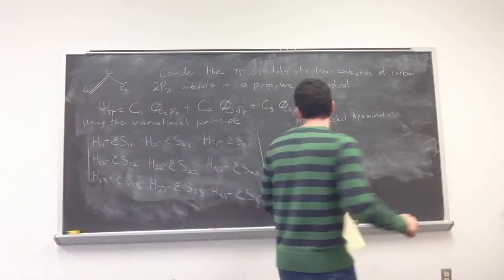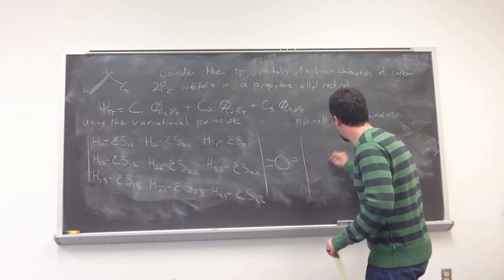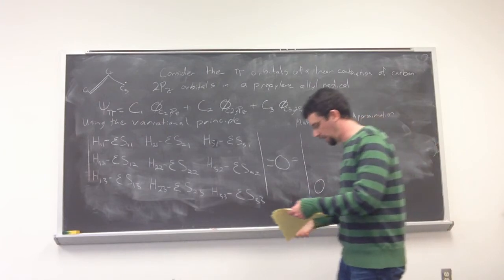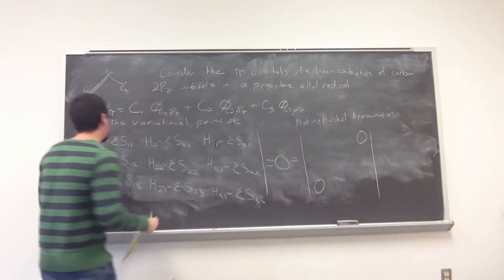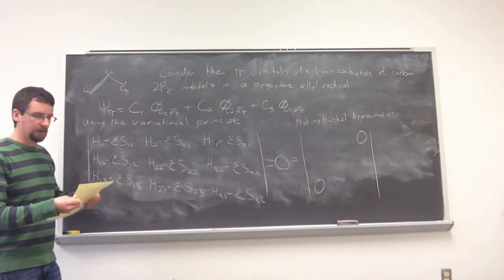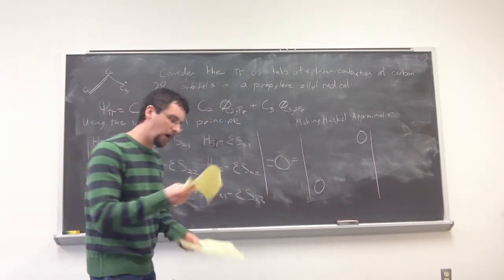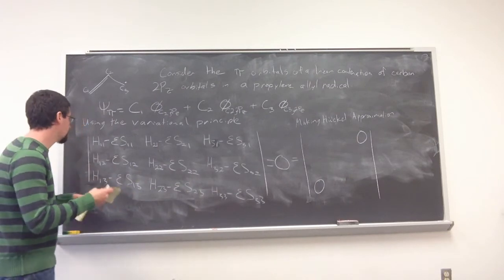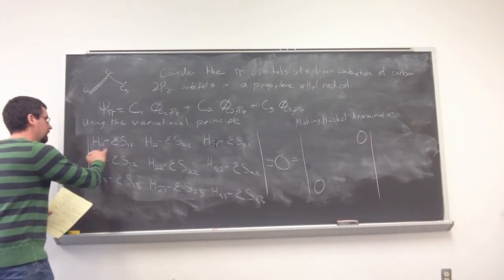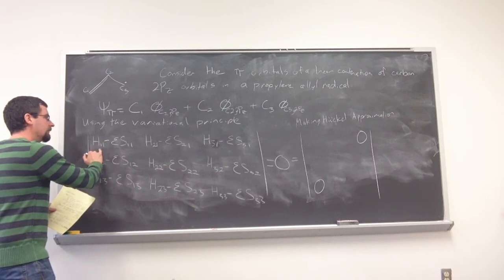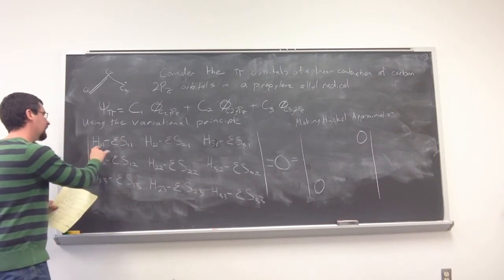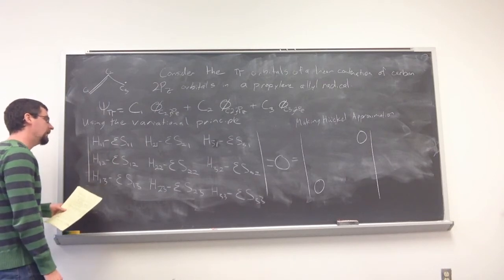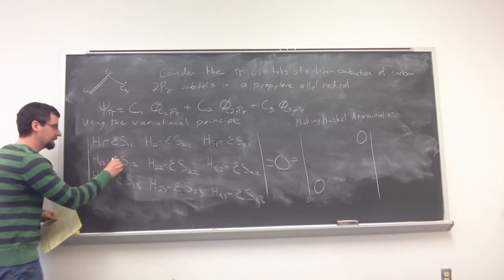So those terms are going to drop to 0. So we'll get 0 here, 0 here. Next, we said that all overlap integrals along the diagonal, we're going to set those equal to 1.